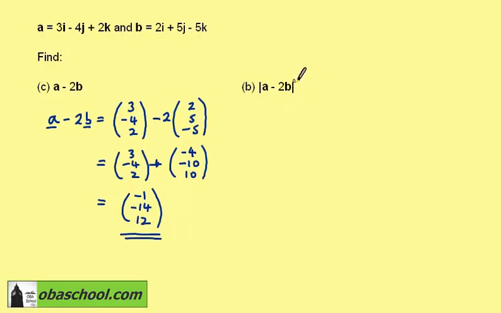If we now consider the modulus of this last vector, we know from previous work that this is just going to be the square root of 1 squared plus 14 squared plus 12 squared.